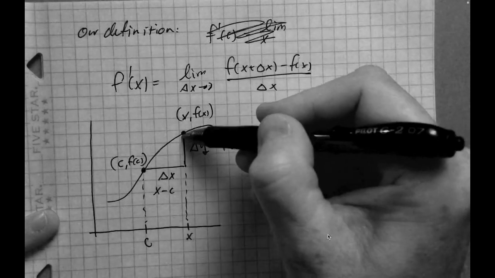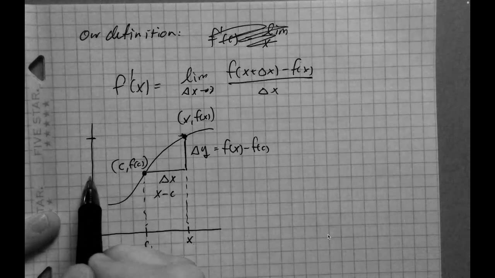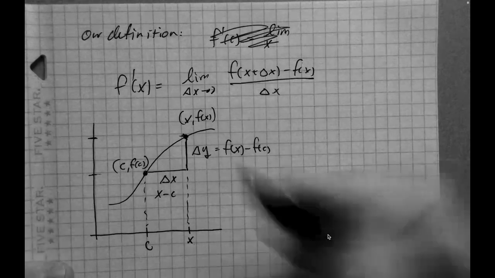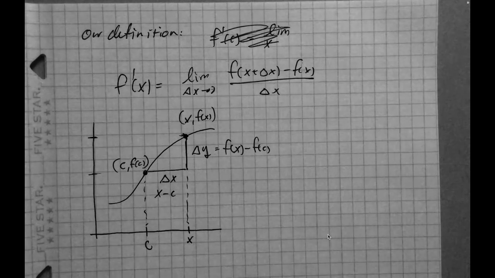It's just the distance between this height, your f of x over here, and this height, your f of c. Hopefully you can see that this is literally just a different way of labeling things. It's not a totally different definition. It's a different way of articulating the concept, using different notation.